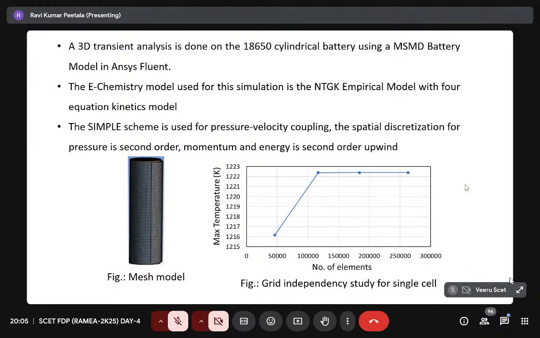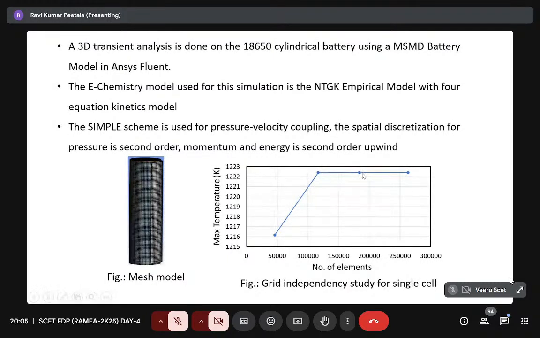So I did the grid independent study. The maximum temperature is reaching 1222 Kelvin. The temperature remains constant after 1 lakh grid points.